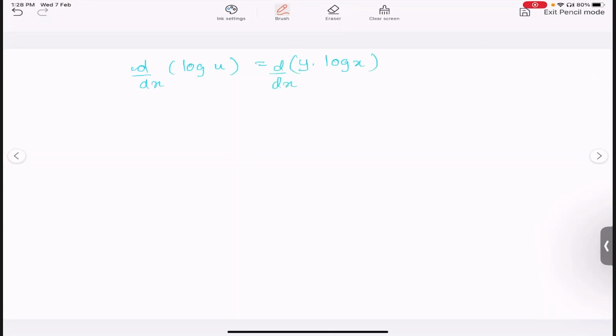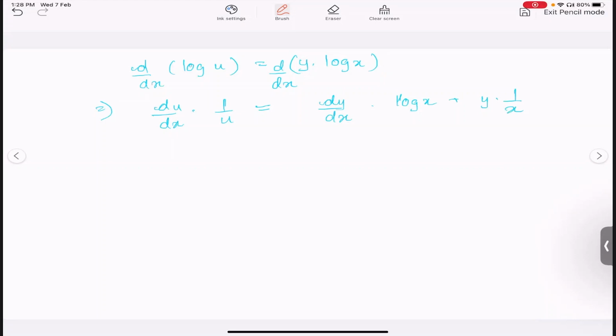So this will be equal to du by dx times 1 by u will be equal to dy by dx times log x plus y times 1 by x.